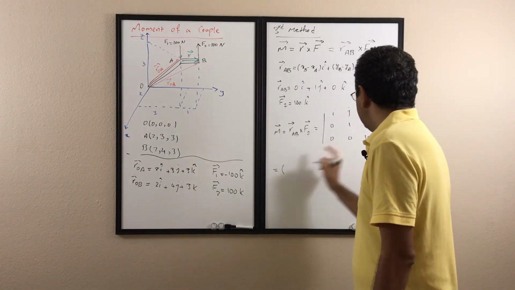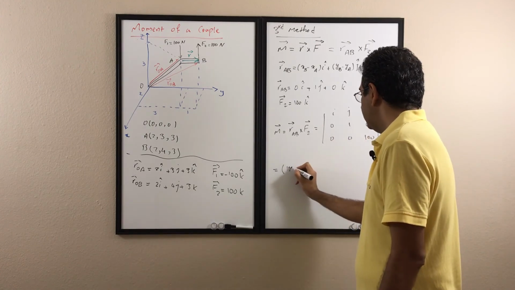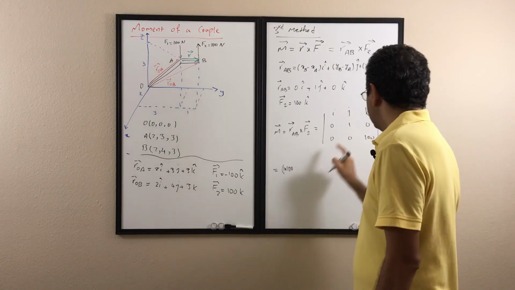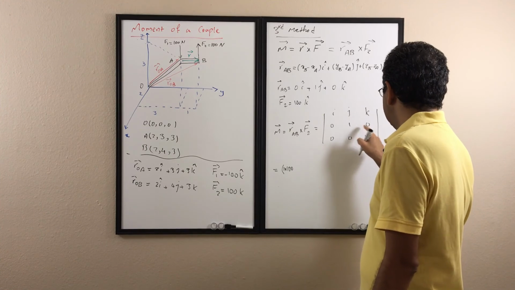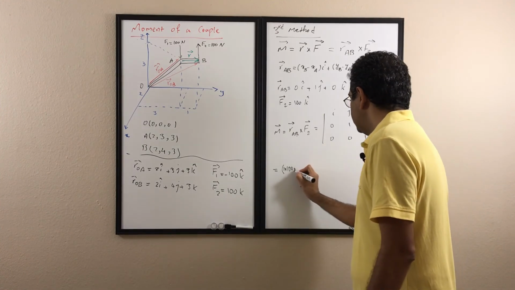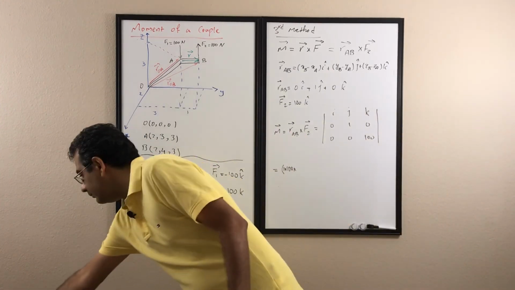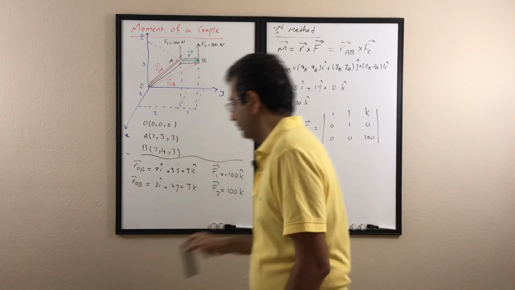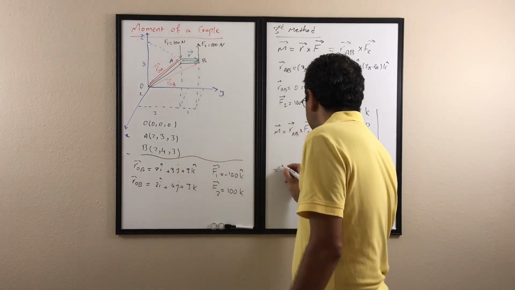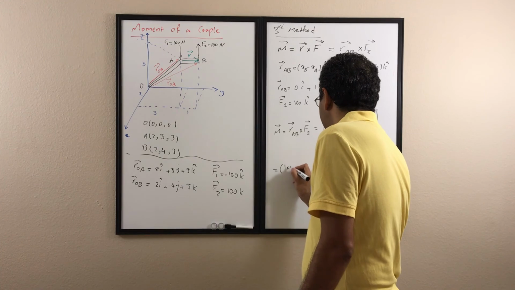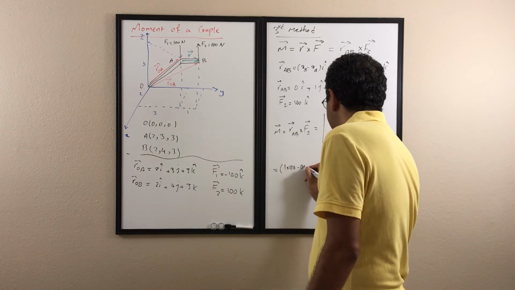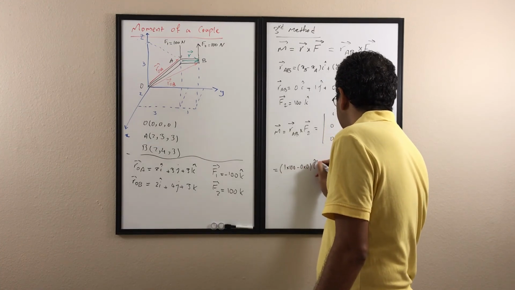So it's going to be 1 times 100 minus 0 times 0, and then times I.